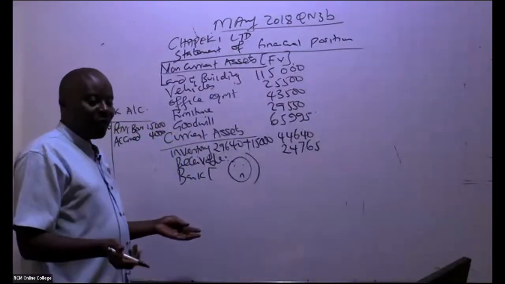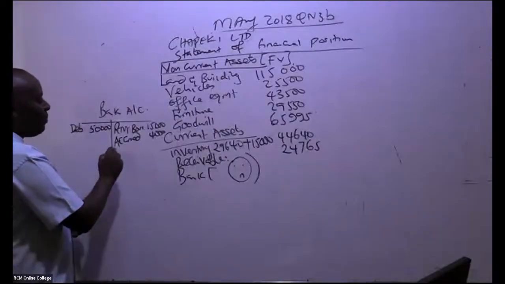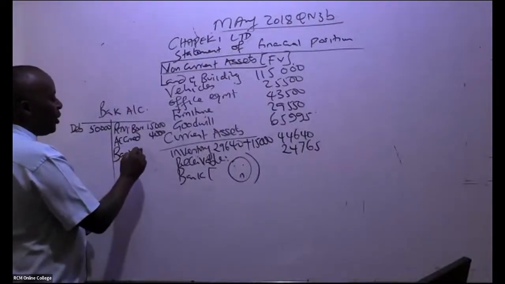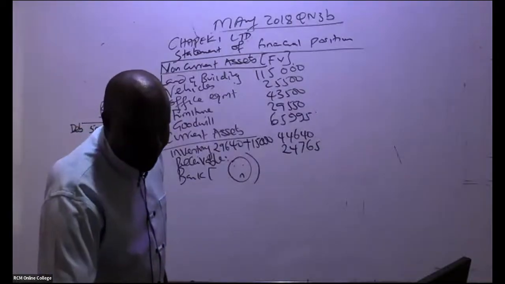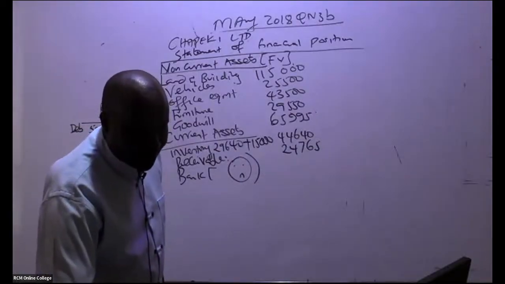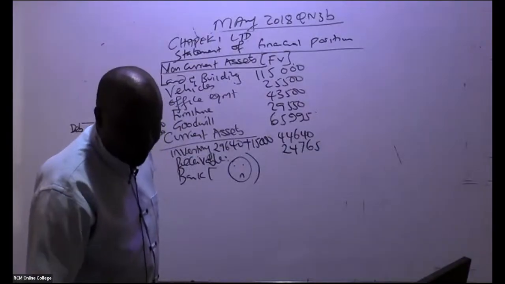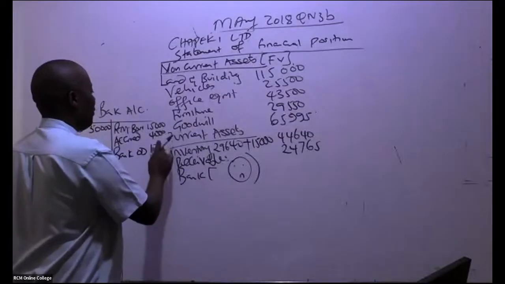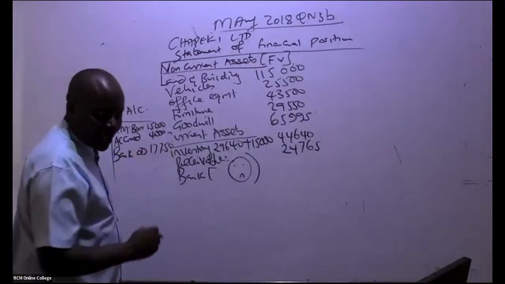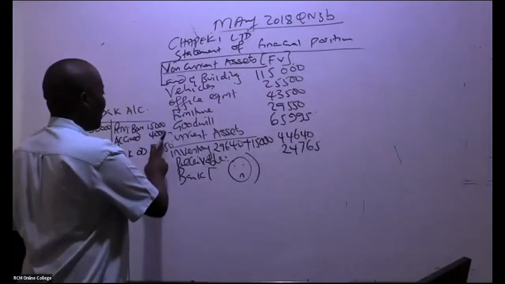That is general knowledge. So we have a bank overdraft of how much? I'm being told 17,550.